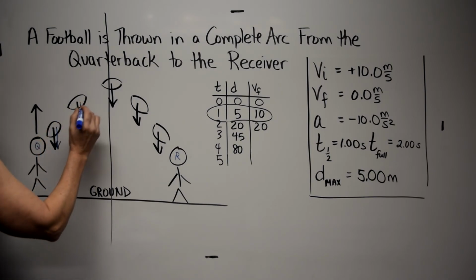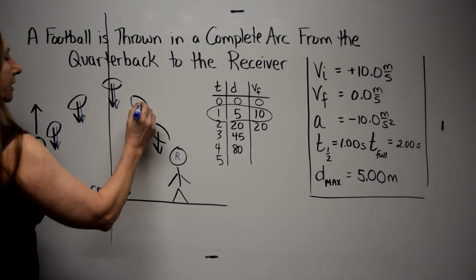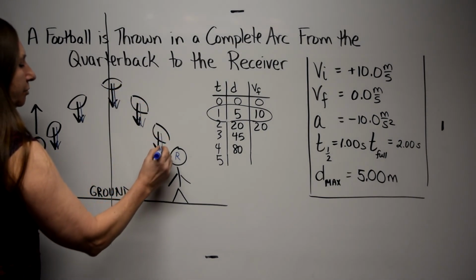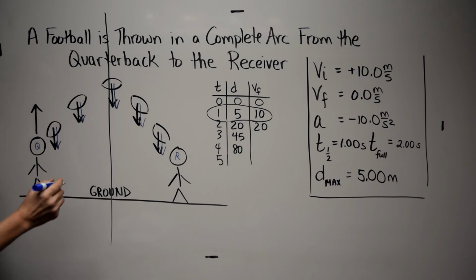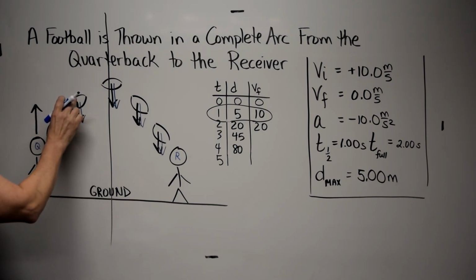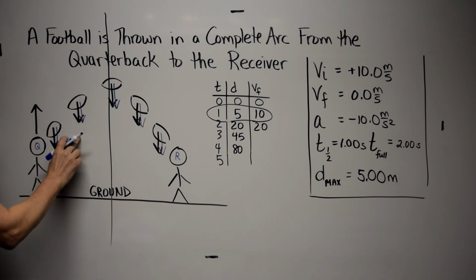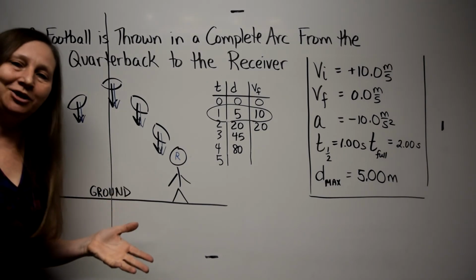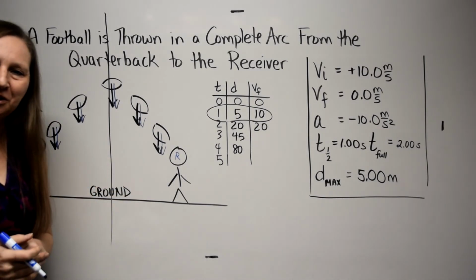So the ball has two vectors: a force straight down and an acceleration straight down. There's also a velocity vector, but we're not drawing that at this time.